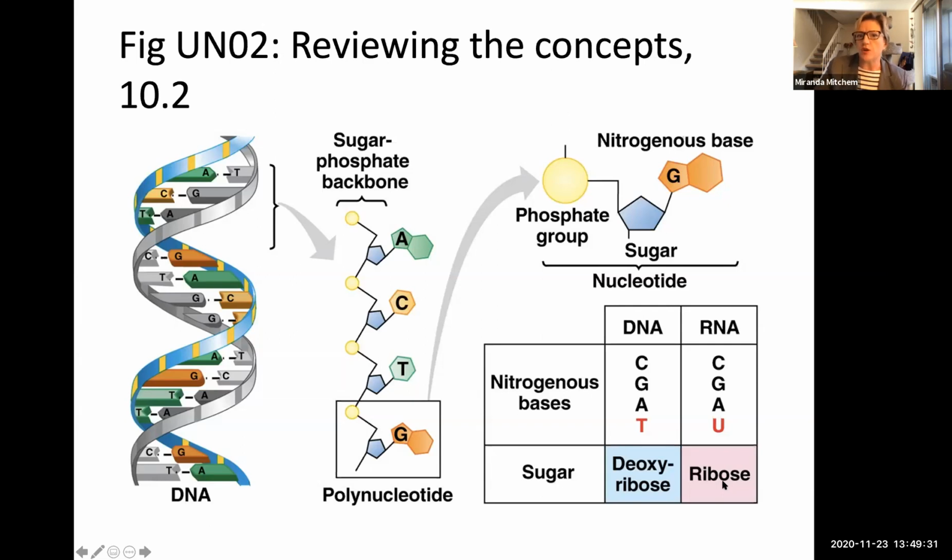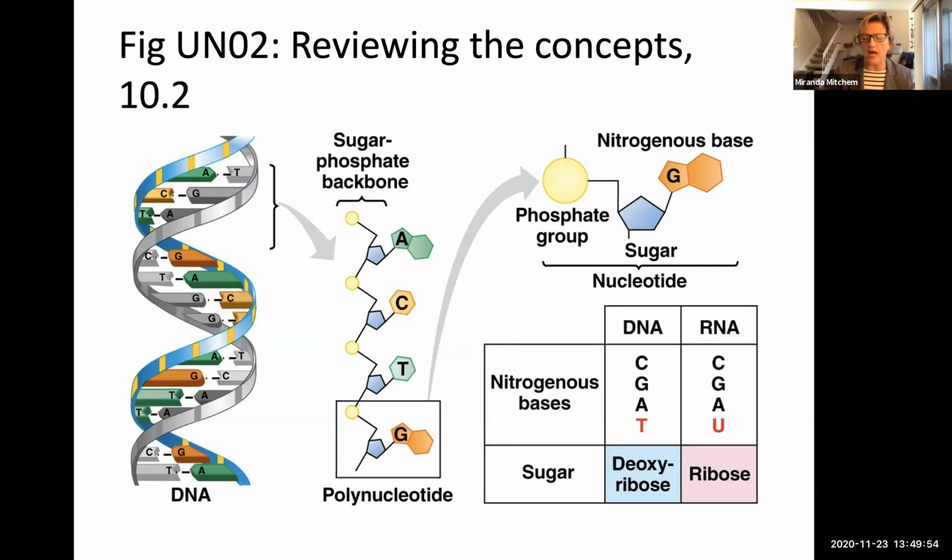And then we've got a third feature that's different between DNA and RNA, and that's not really shown completely on this slide. But what that is that DNA is double-stranded. RNA doesn't exist that way in our body. There's no such thing as double-stranded RNA at any time, even during replication of anything.